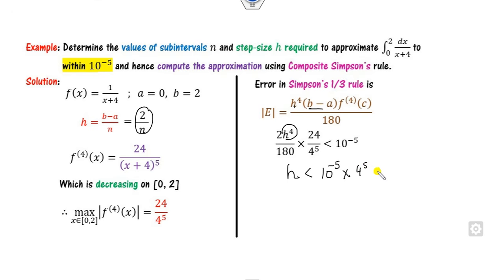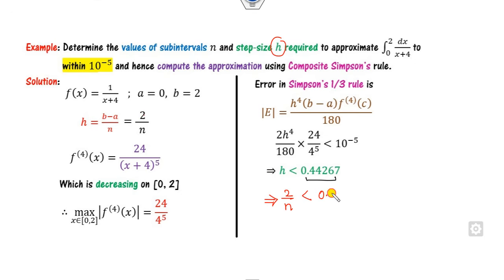This is 2 raised to power 5 over 180 divided by 2 into 24 raised to power 1 by 4. I can find this value using the calculator, which comes to be here. Because we need an exact value of the h, but it is not given, I can substitute the value of the h here.